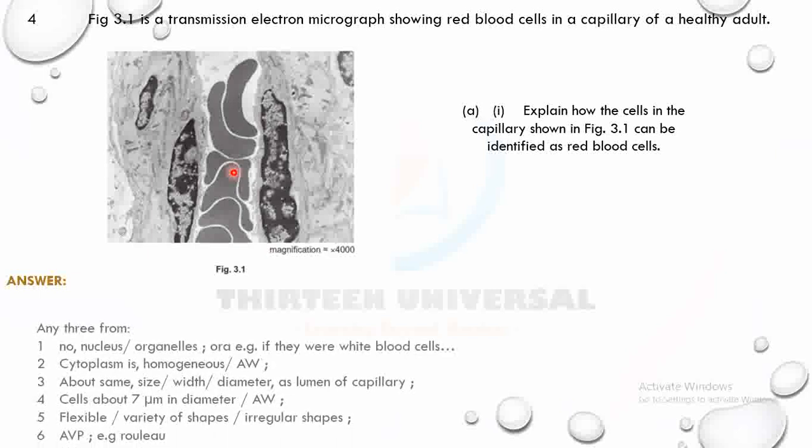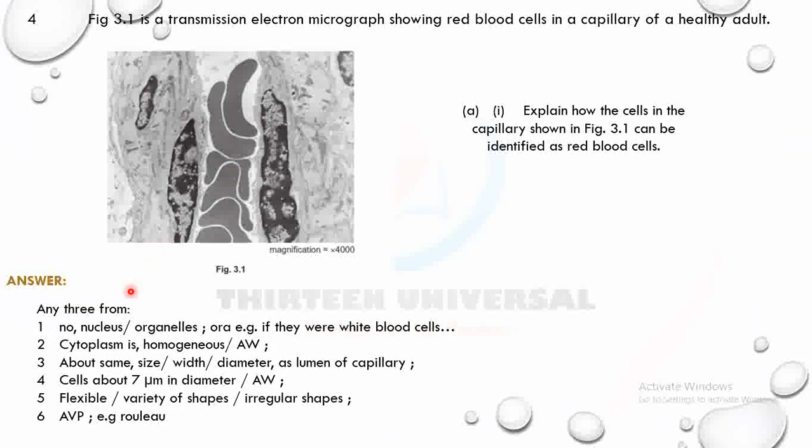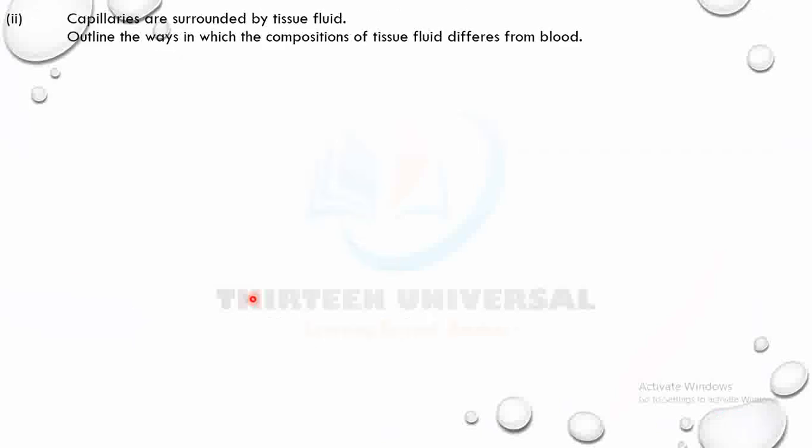These are the things they always like asking. No nucleus or organelles, right? Cytoplasm is homogeneous. Please don't forget it. About the same size or width as the lumen of the capillary; that's what they're squeezing through. Flexible, variety of shapes, regular cells. See that? This question comes out almost all the time. Pay attention to it.